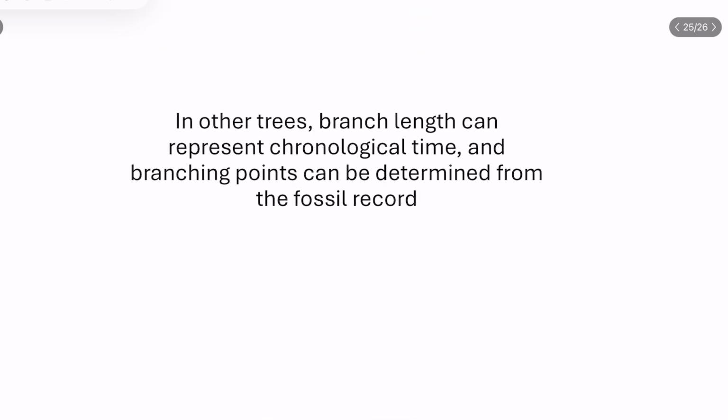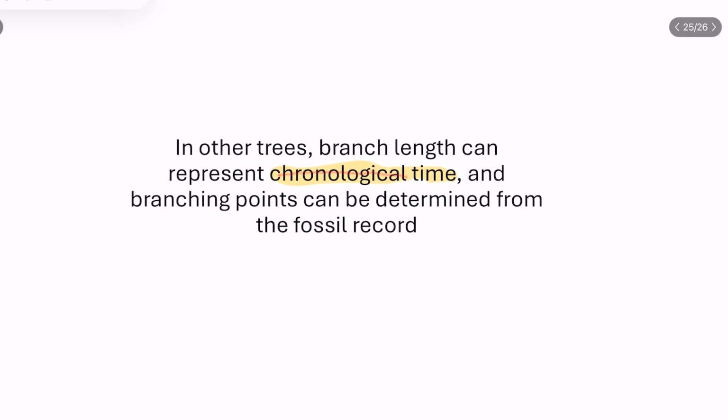In the other type of tree, we can include the chronological time, in which the tree shows when a particular species evolved and when a particular species diverged from other species. Okay, so in this type of tree we always need fossil records, and there are different software.